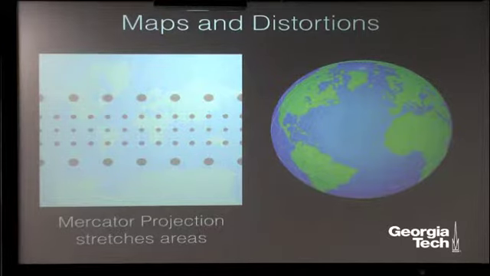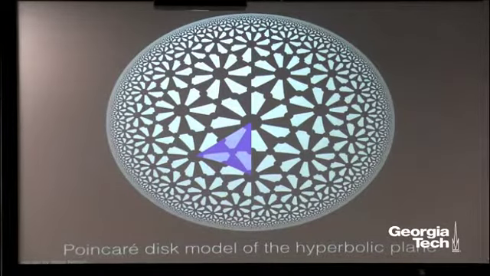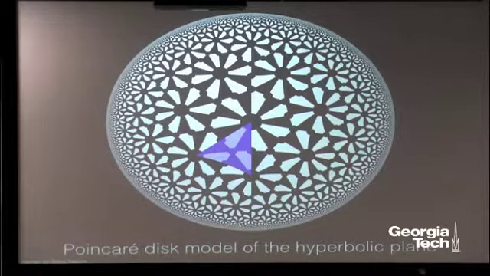We'd like to do the same thing with this hyperbolic plane. So this is the most common map of the hyperbolic plane. This is called the Poincare disk model. And here is one of the triangles. So if I follow this around, I've got a triangle here, and a triangle here, a triangle here, 4, 5, 6, 7 triangles.